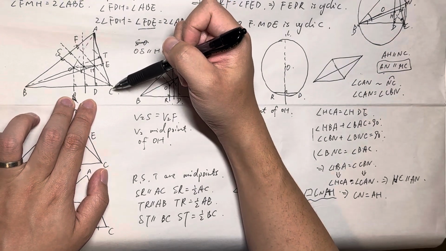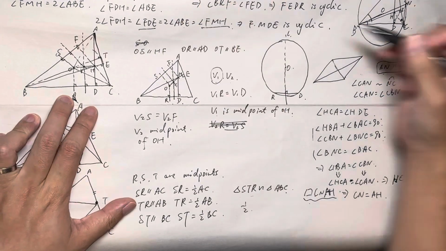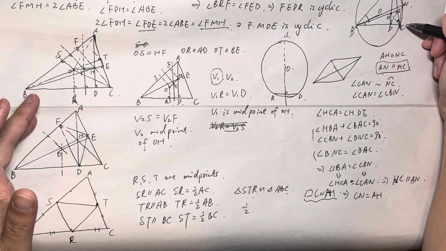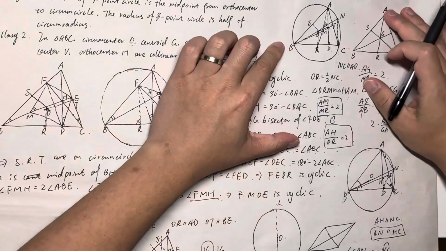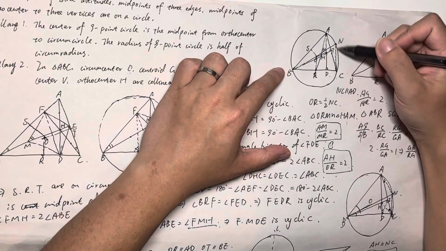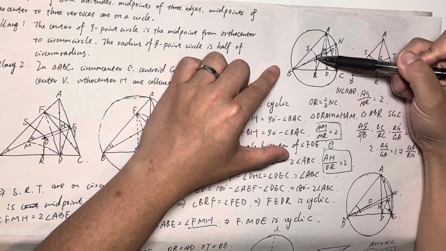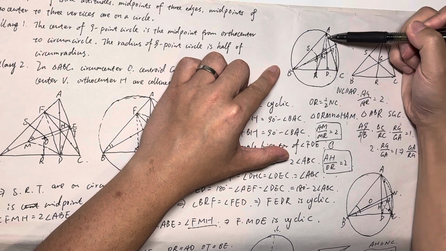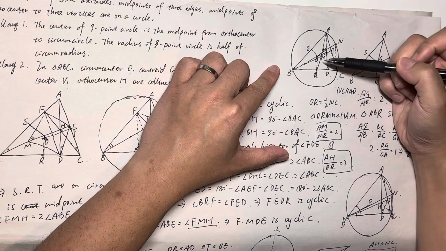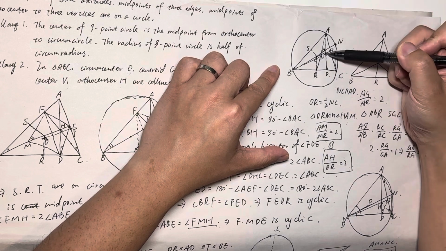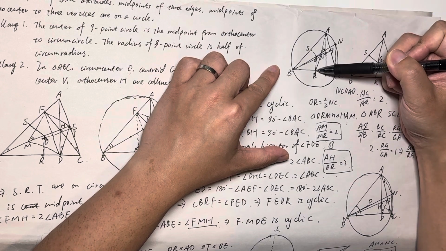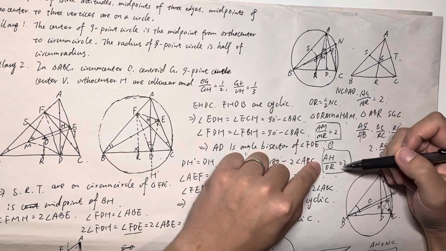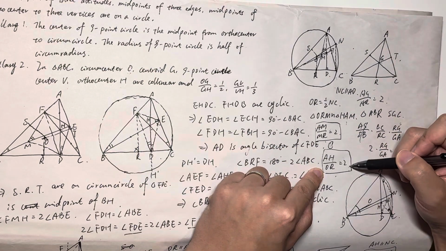The CN, actually from here, CN is twice of OR, right? And CN equals AH, which means AH is twice of OR, right? So we just proved that AH to OR equals 2.